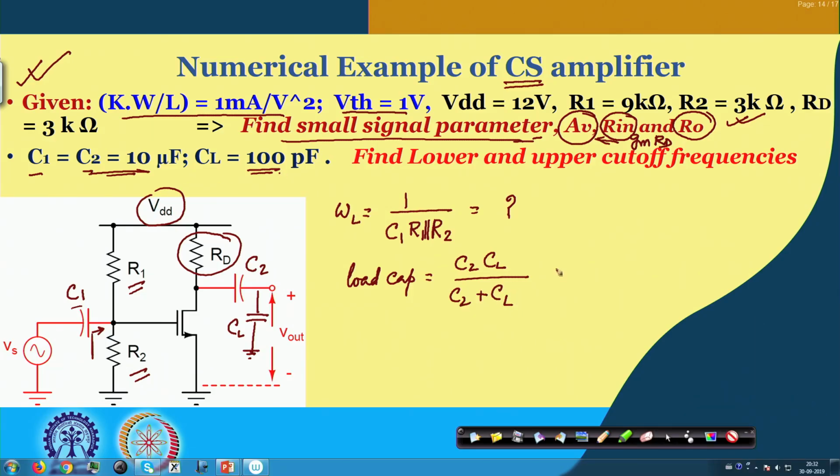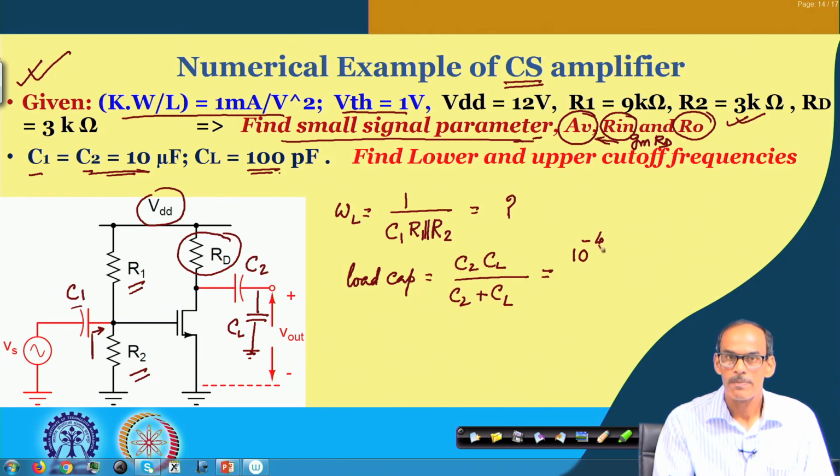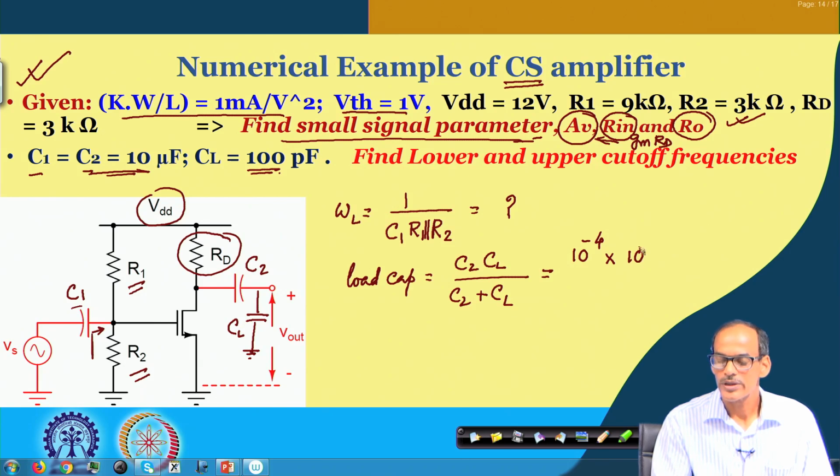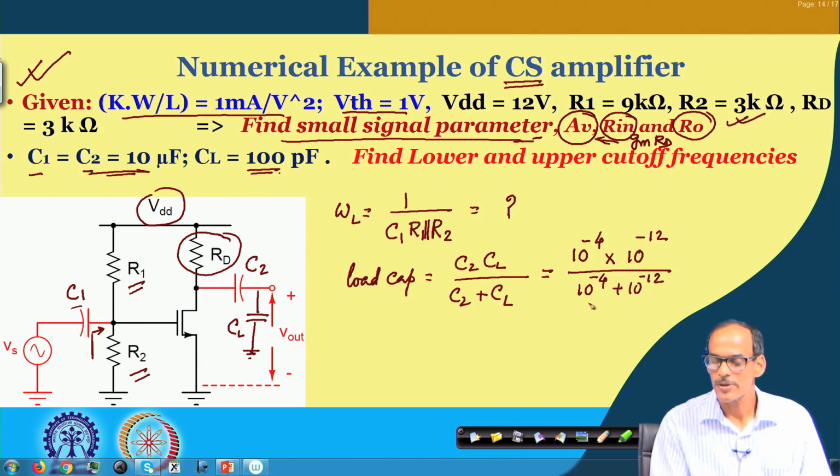Now, you see this value here, C2 is 10 power minus 4, and CL is 100 picofarad, 10 power minus 12, divided by 10 power minus 4 plus 10 power minus 12. The denominator is dominated by the first term, so we can easily write that this is 10 power minus 12.